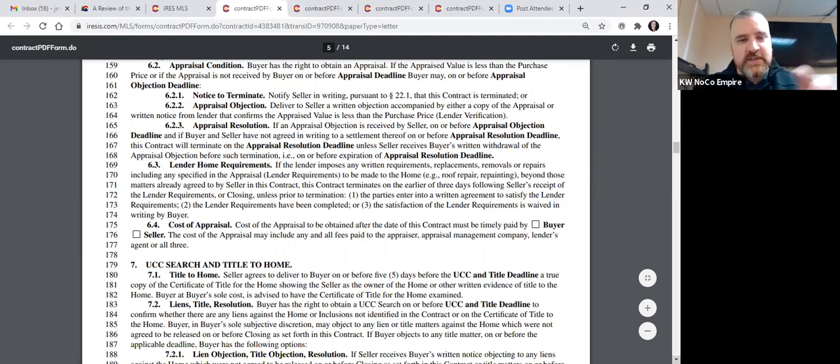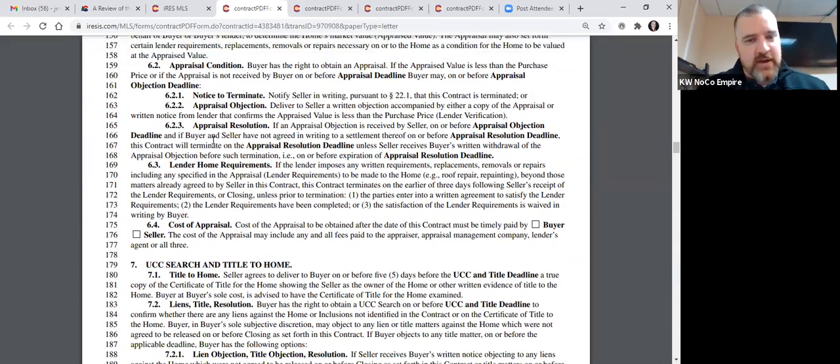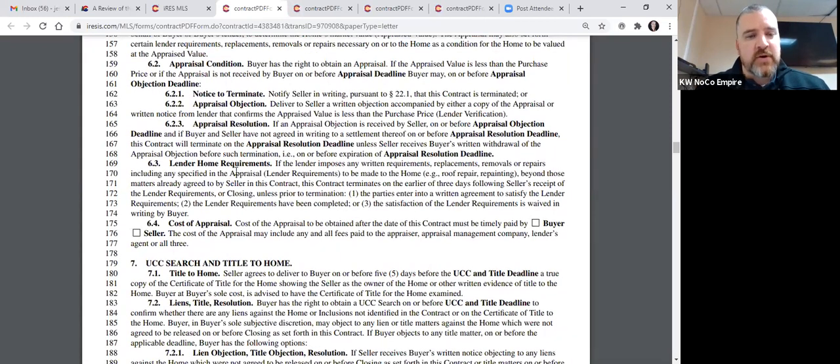And you've written in your appraisal deadlines, then they have the right to terminate if either they can't get the appraisal by the deadline, or if the appraisal comes in low, they can terminate, or they can do an appraisal objection, right? And then if they do object on or before that appraisal resolution, they need to have some kind of written agreement between them and the seller as to what's going to happen to that purchase price. Same thing with lender requirements.